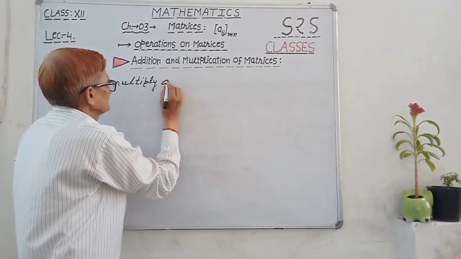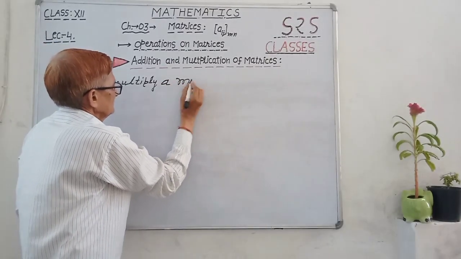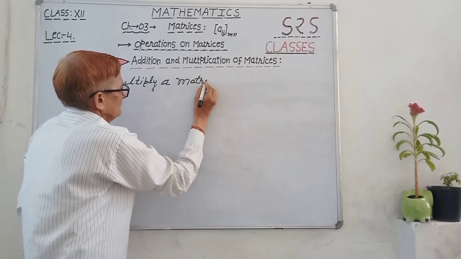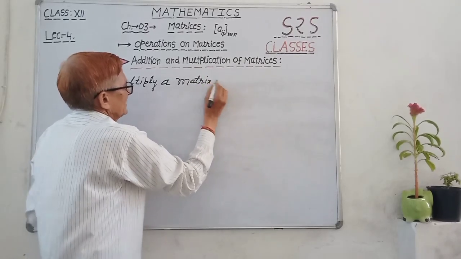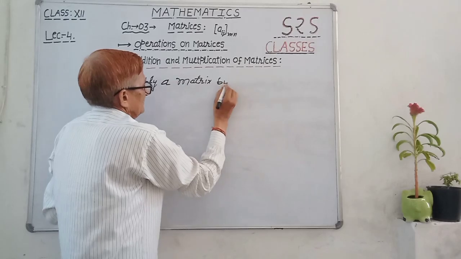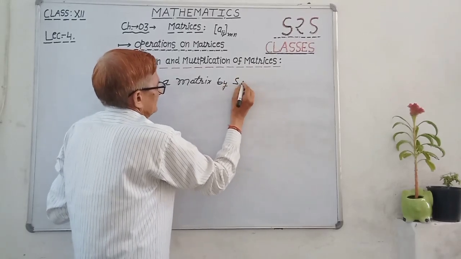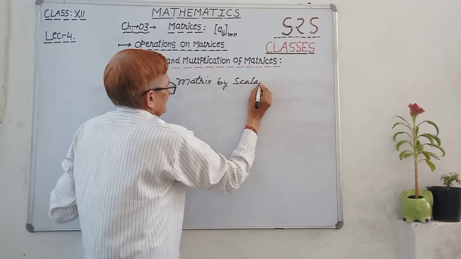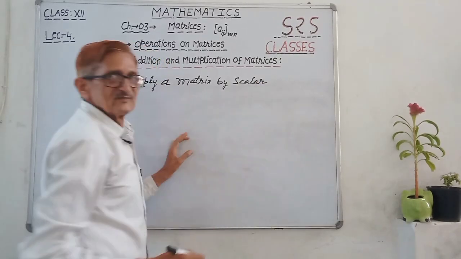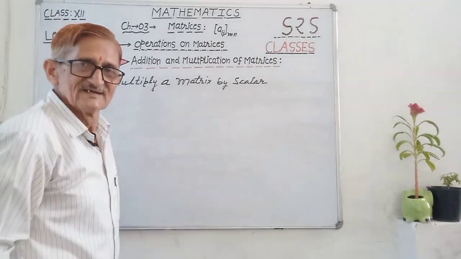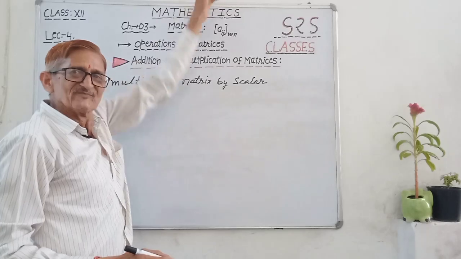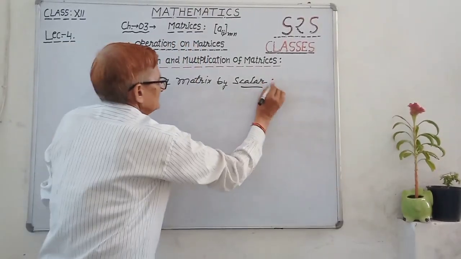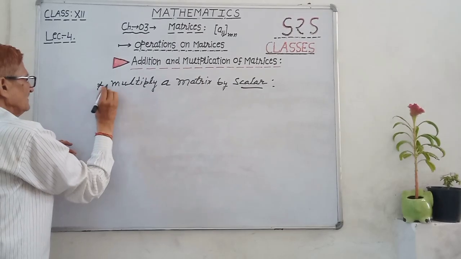Multiply a matrix by scalar. Scalar means any number, okay, constant, any number, any constant scalar. So multiply this. What is this here?